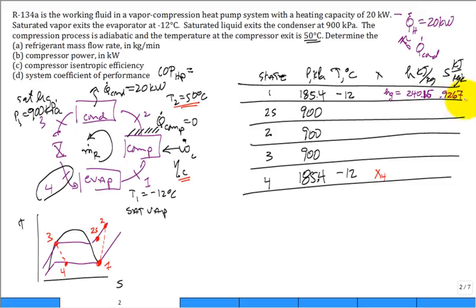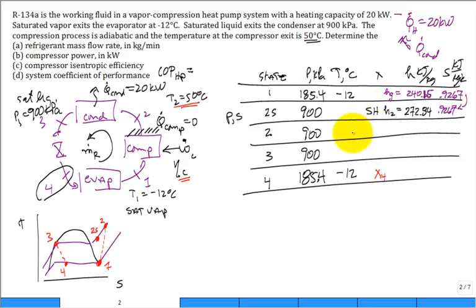So we have the isentropic process, 0.9267. State 2S is fixed by knowing the pressure and the entropy. And we get this enthalpy right here, the enthalpy at state 2S, and you find it 272.84. Here it's superheated.